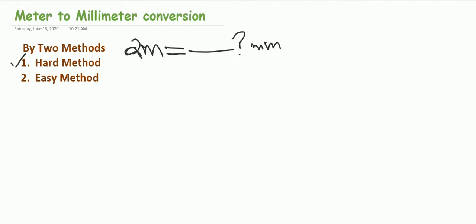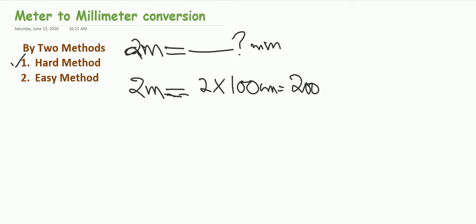By using this method, first we have to convert meter to centimeter, and we know in 1 meter there are 100 centimeters, so 2 multiplied by 100 centimeters gives me what? 200 centimeters.